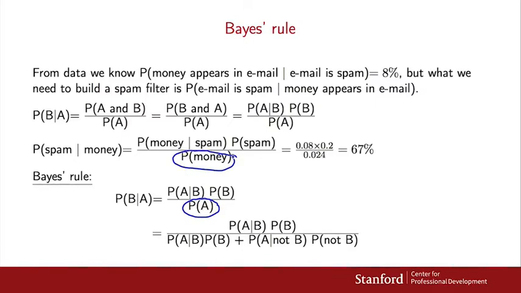So the key to applying Bayes' rule is to always first try the simple version, and then if it turns out that we don't know the denominator, then we try the more complicated version. The key for Bayes' rule is that it turns conditional probabilities of A given B into probabilities of B given A.